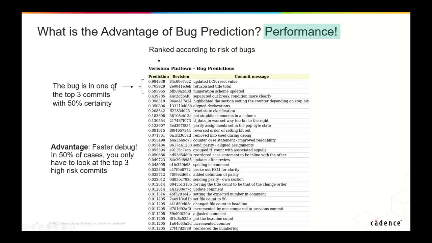We have found that in 50% of the cases, the bad commit is in one of the top 3 most risky commits. That leads to faster debug, because if you only have to focus on the 3 commits which with 50% chance contain the bug, then half of the time you can identify the bad commit immediately, very fast. So the whole idea with bug prediction is to be fast.